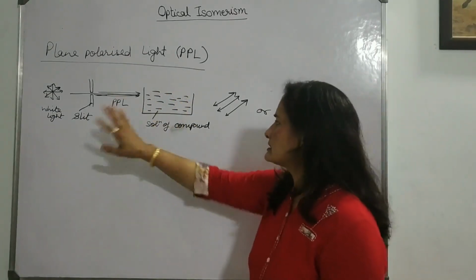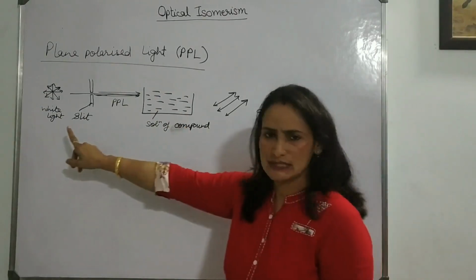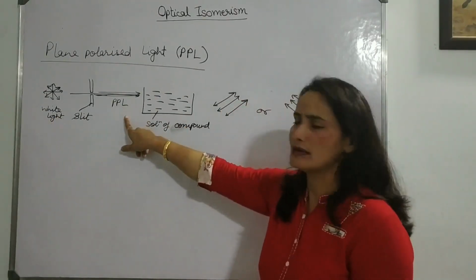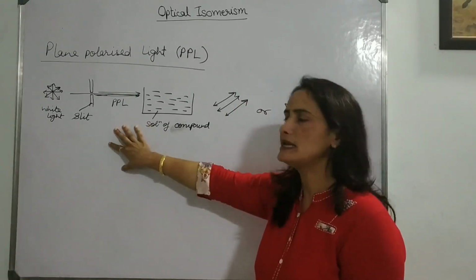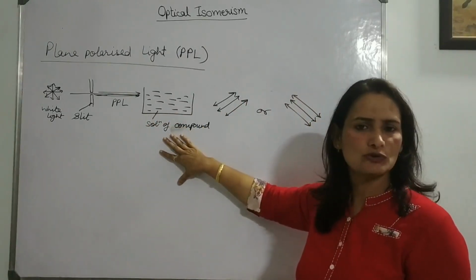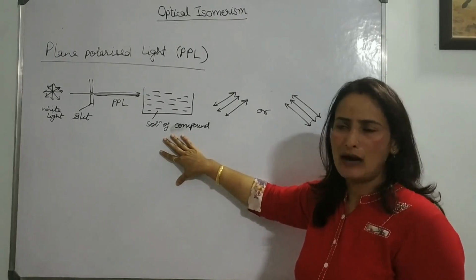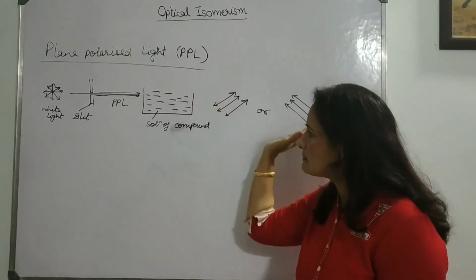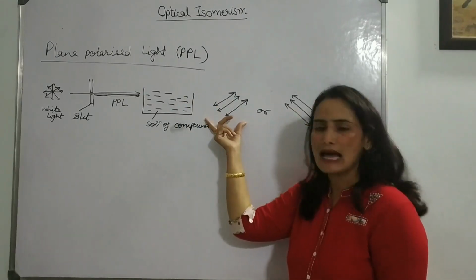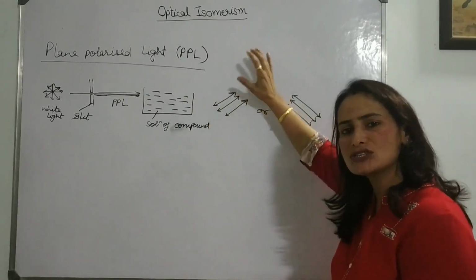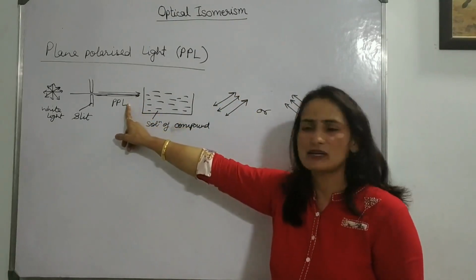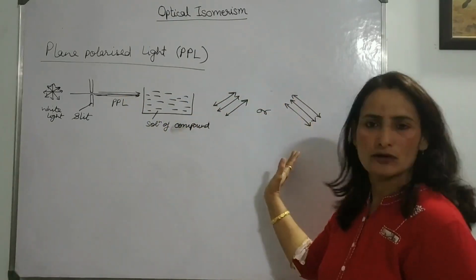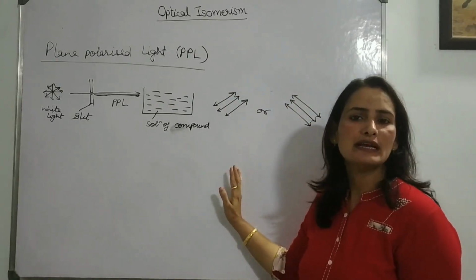So what is an optically active compound? Experimentally, a white light after passing through the slit becomes the PPL, and the PPL is allowed to pass through the solution of a compound. When this light is checked, its direction is rotated with respect to the earlier one. If it rotates clockwise, it is called the D isomer.